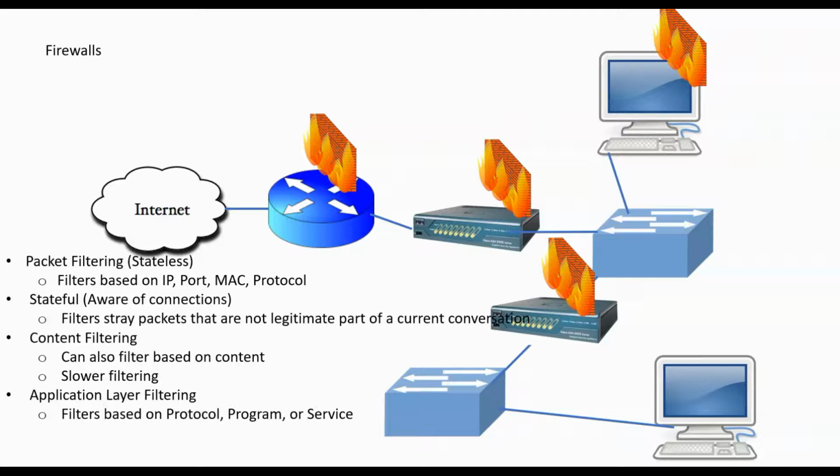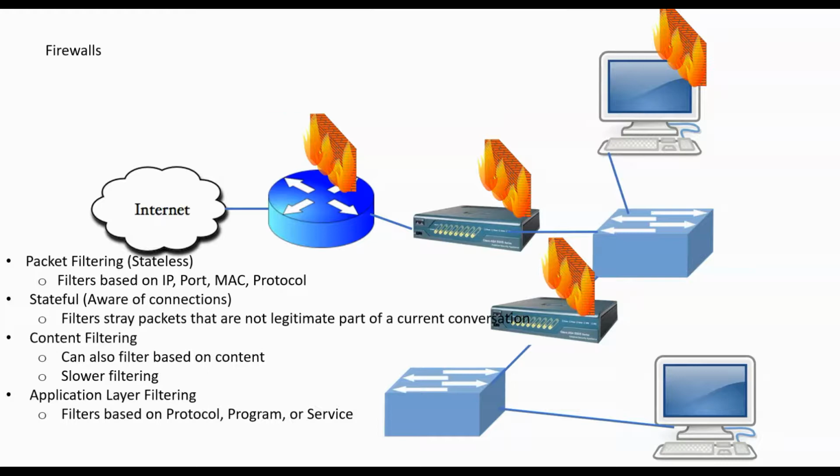So this will slow it down, but you can do content filtering with a firewall. You can also filter based on application, such as the protocol it's using, HTTP, FTP, and so on, or a program. I don't want my Adobe Acrobat program, for example, to be able to send and receive data, or a service that's running on the computer.